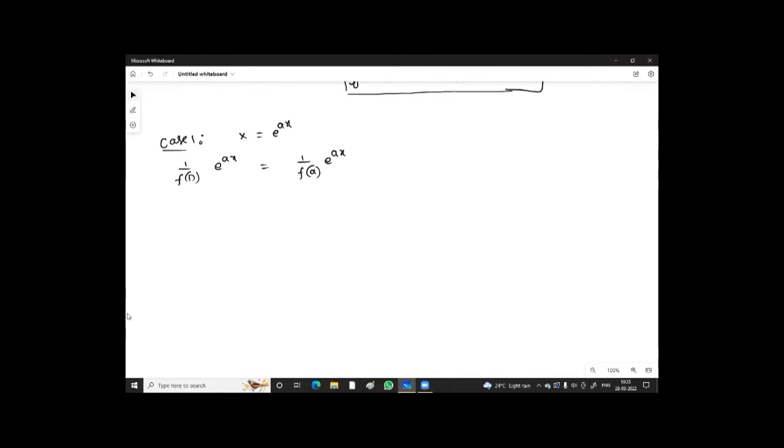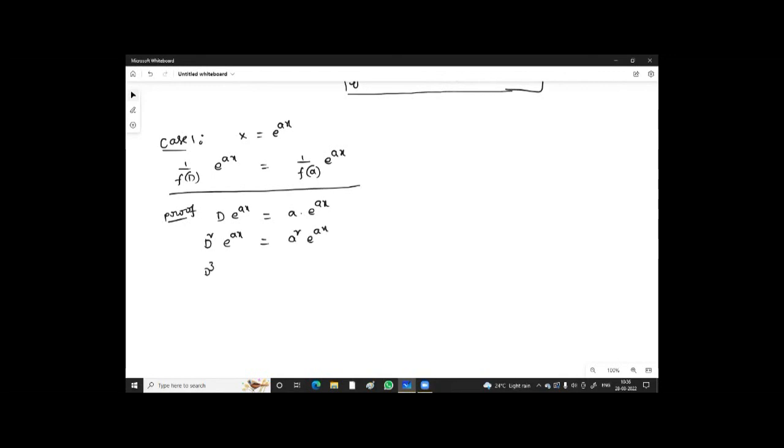How do we get this? Taking differentiation once on e power ax, you get a into e to the power ax. Differentiating two times, you get a square into e to the power ax.